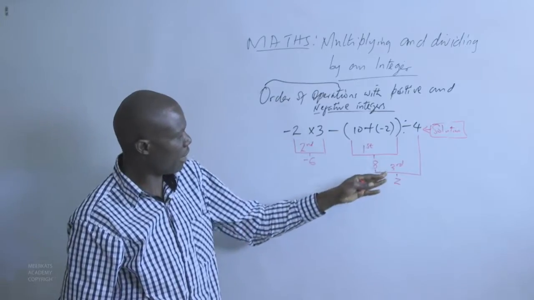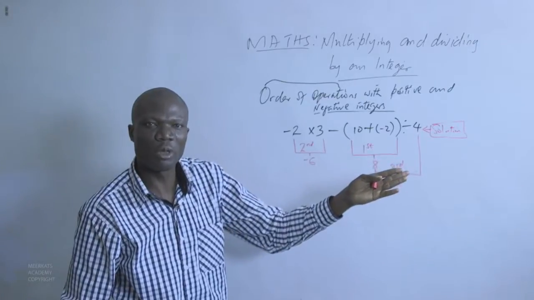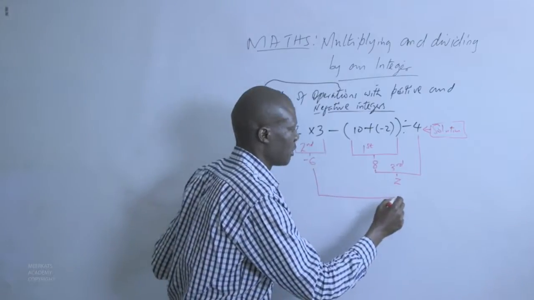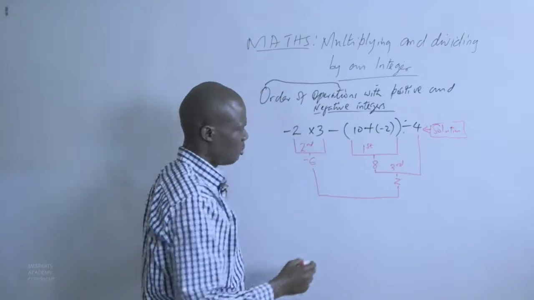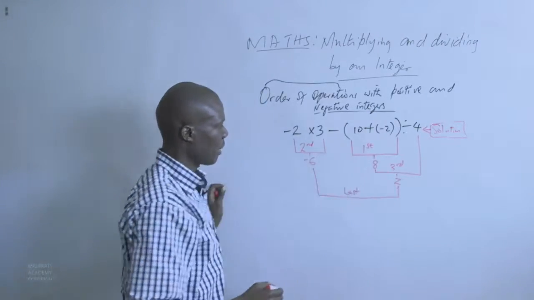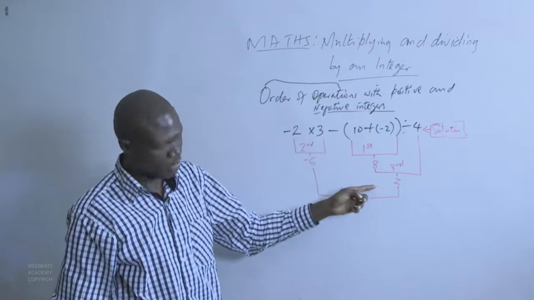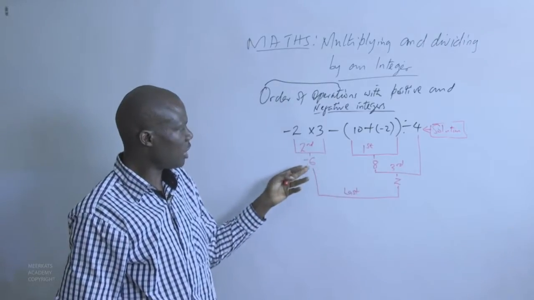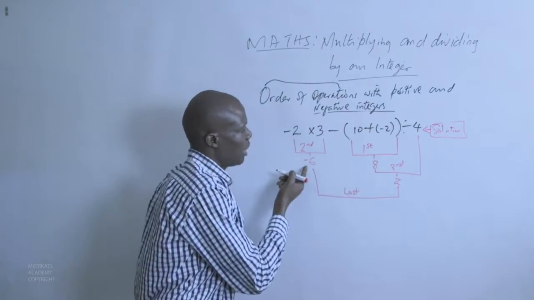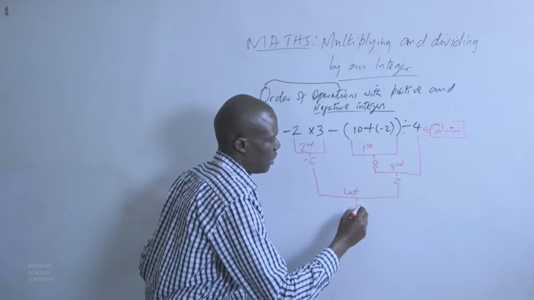So we are done with the third. No more multiplication, no more division. The last step is the fourth step, and I think the last: negative 6 minus 2 will give us negative 8.